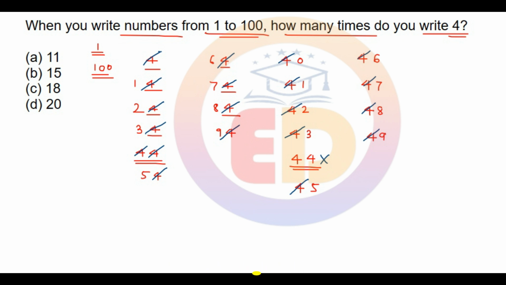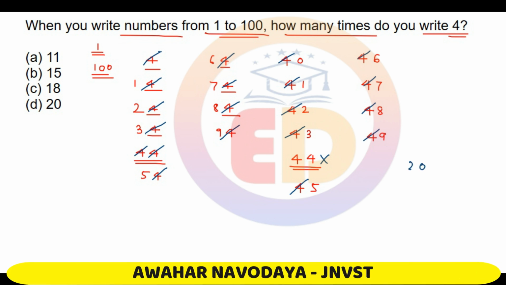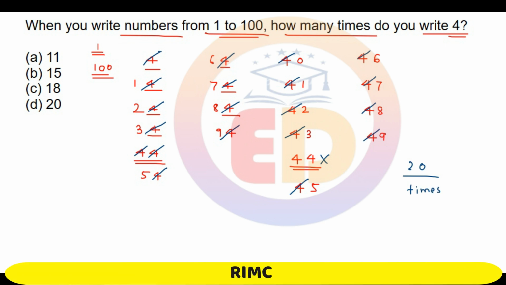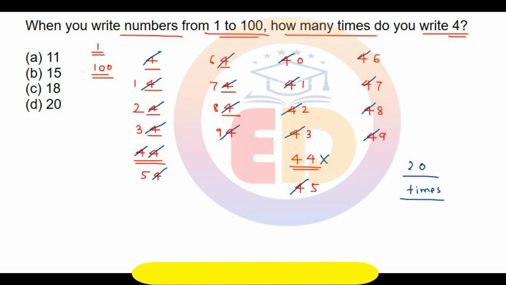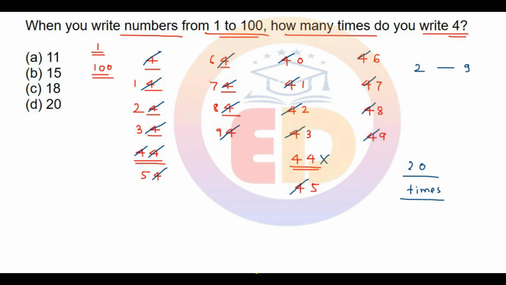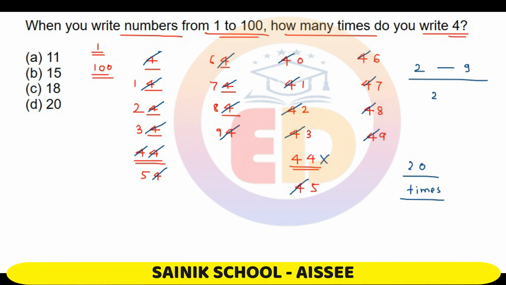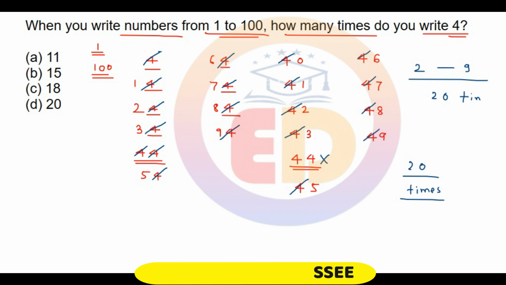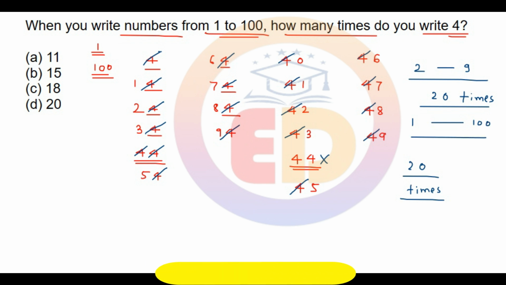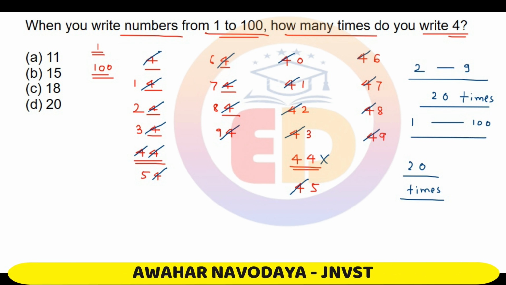So 4 has appeared 20 times. Remember, this is a very classic question. All the digits from 2 to 9 will appear 20 times when I write the numbers from 1 to 100. Answer will be option number D.